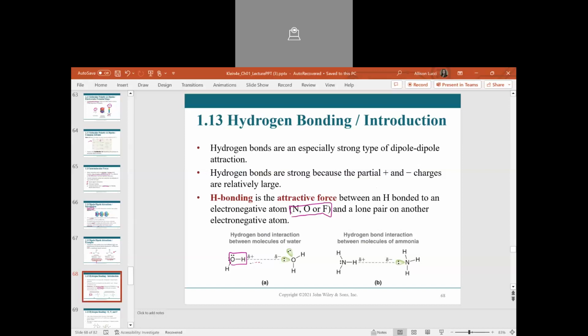This positive portion of the hydrogen bonds with the negative portion of another water molecule over here. We can also have hydrogen bonding between NH. Right, so we have our positive portion, our negative portion of an ammonia molecule, and the interaction that results. So these hydrogen bonding attractive forces are slightly stronger than dipole-dipole attraction.